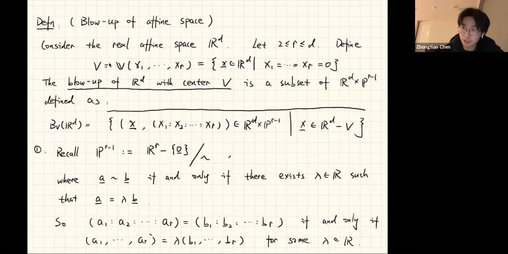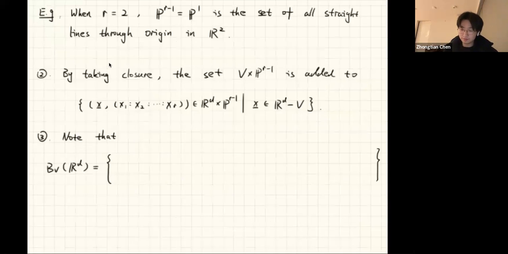Taking the closure will correspond to that: you add points in V to the space, and the corresponding part in projective space will be the whole space. There is no particular one you can choose. It's not determined. Okay, thank you.